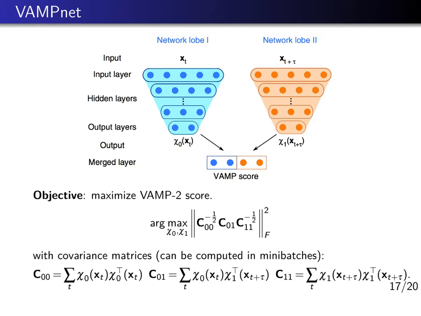If I would use the same idea in the latent space, so map xt with a trainable encoder to, let's say, chi0 of xt, and then I do the same with xt plus tau. I map it with a trainable encoder to chi1 of xt plus tau, so the time-lagged latent vector.